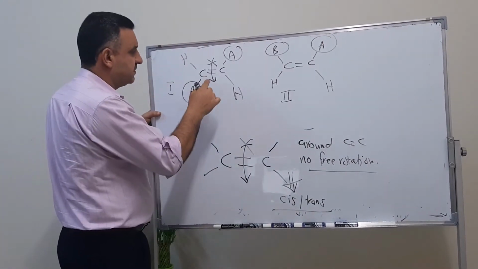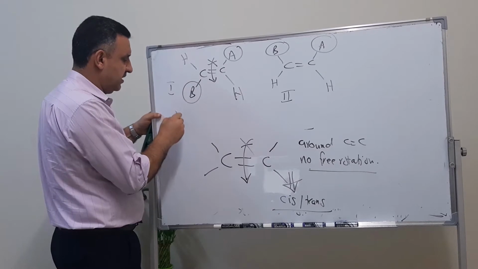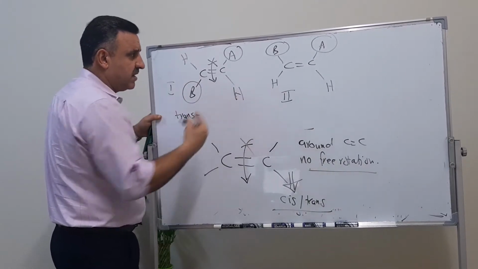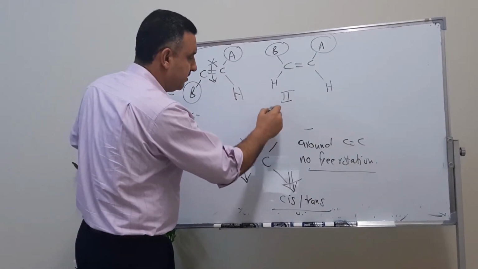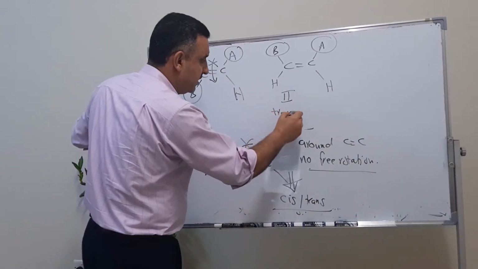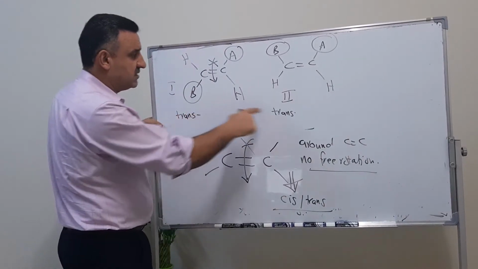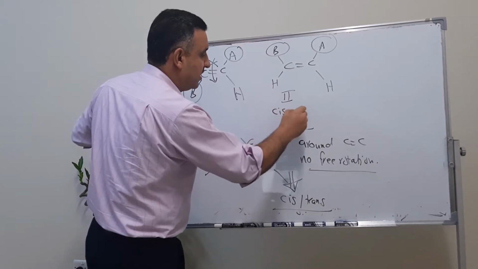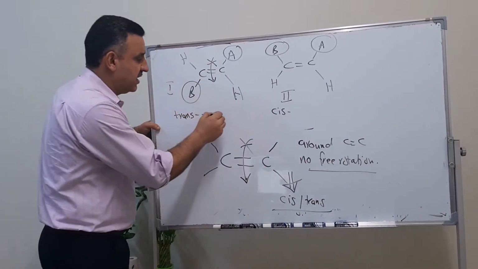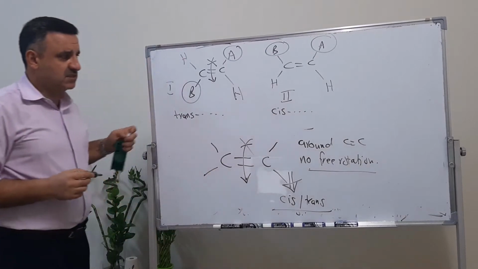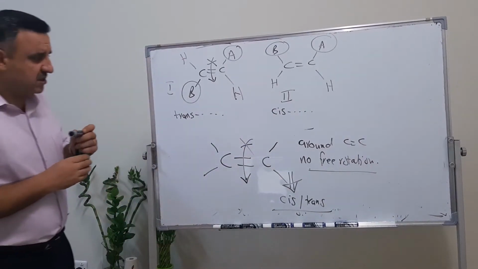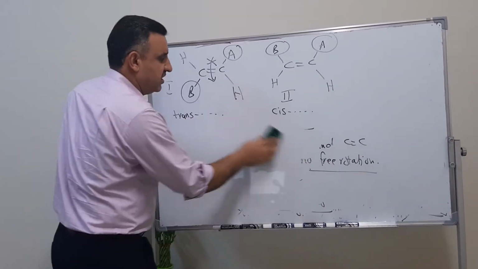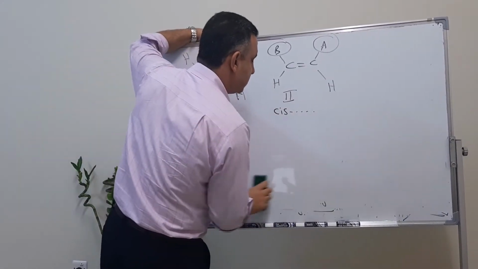So the first compound we give the name trans in order to distinguish it from the other compound, and the second we give the notation cis. Otherwise it would be an identical name for both. So cis and trans are stereoisomers, and we must differentiate them by adding cis or trans.